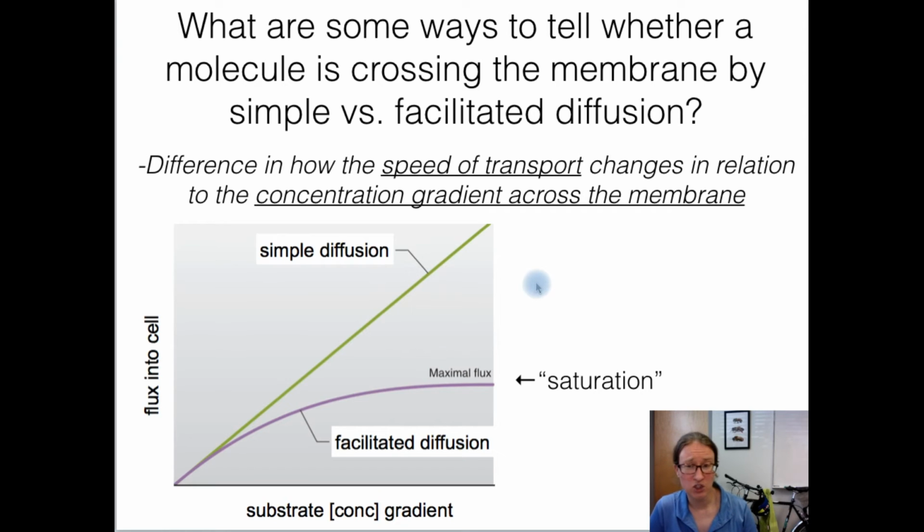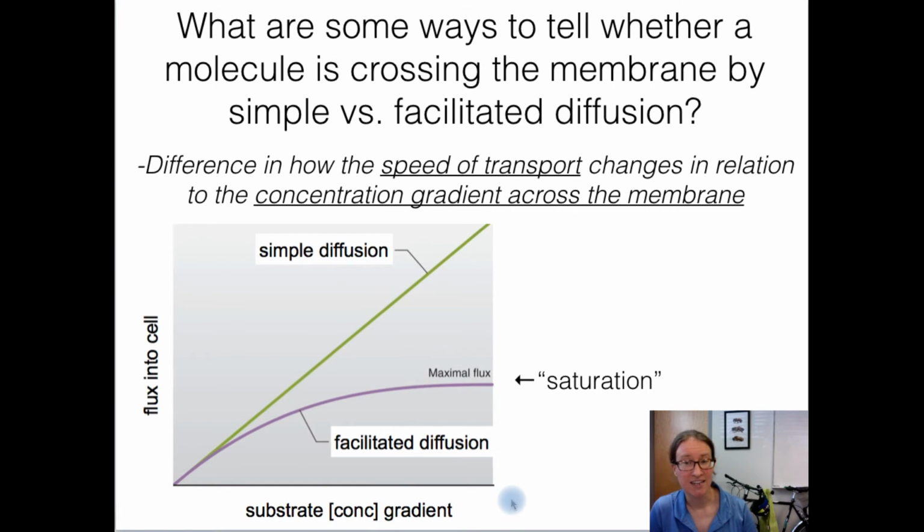But in contrast, for facilitated diffusion, or carrier-mediated transport, there's actually going to be a maximum point where even if this concentration gradient keeps increasing, the rate of movement into or out of the cell can't increase anymore.